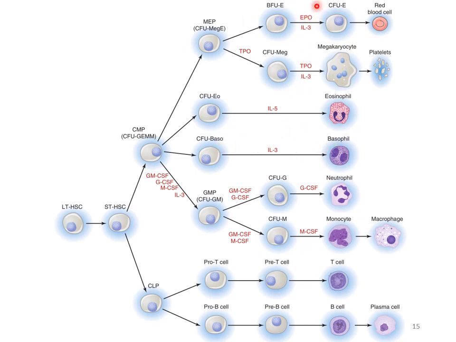We see EPO, erythropoietin, which is the one that's important to us in this lecture, because it's a very strong factor for differentiation into red blood cells. And your TPO, or thrombopoietin, is important in the differentiation into platelets.